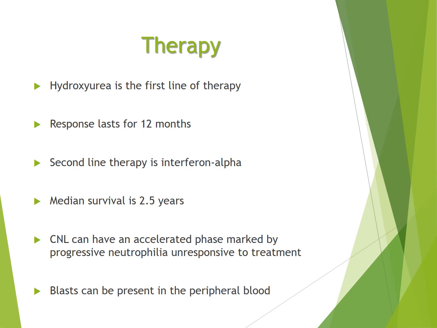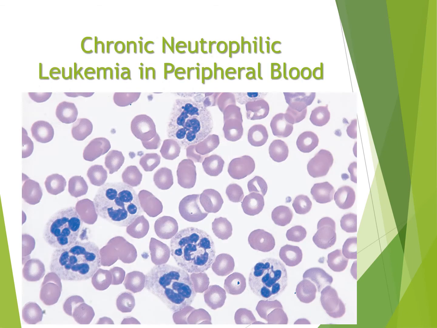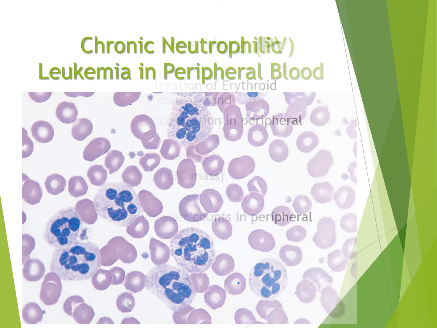Therapy with hydroxyurea would be the first line, and then other drugs like interferon would help the median survival. So here would be a clinical picture of CNL where you have over 90% mature neutrophils.